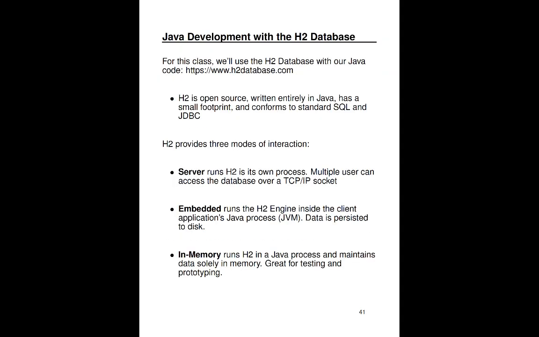Okay, we've talked a lot about relational databases. We've seen JDBC. There's one more topic that I want to cover, and that's some specifics about the H2 database. So in this course, when we write Java code and have it work with a relational database, we're going to use the H2 database. H2 is nice. It's open source. It's written entirely in Java, so there's no separate software to install.